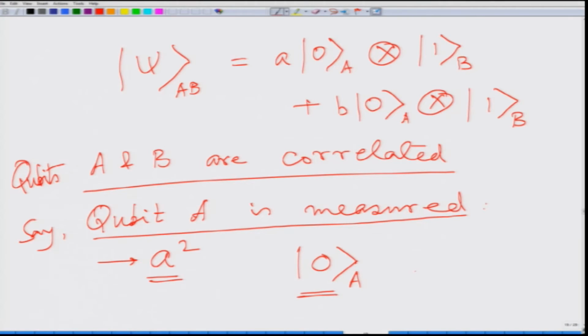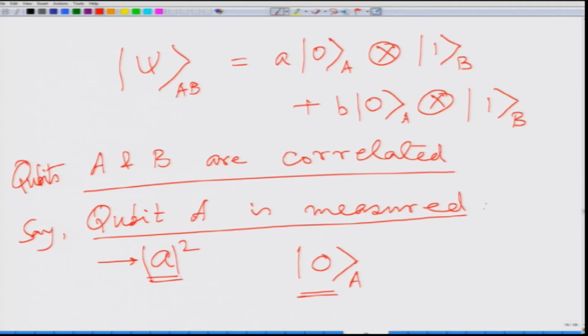|0_A⟩, that is the part which is giving rise to the measurement of A, and this measurement will actually prepare me in this state. This measurement will actually create a state which is of this kind, and this will have a probability of B squared. Now, to be correct, we should have each of them put as the mod square values. So, we will go back again.